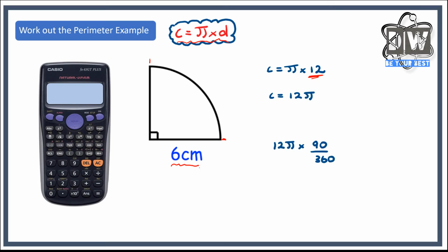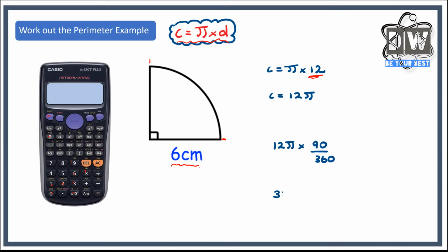We leave it as that. We put all that into our calculator. So remember, we go 12, shift pi, times by 90, then use the bracket button, 360, and then equals.